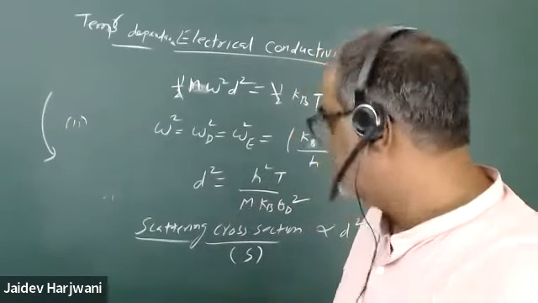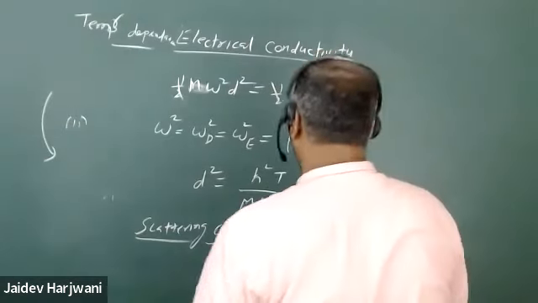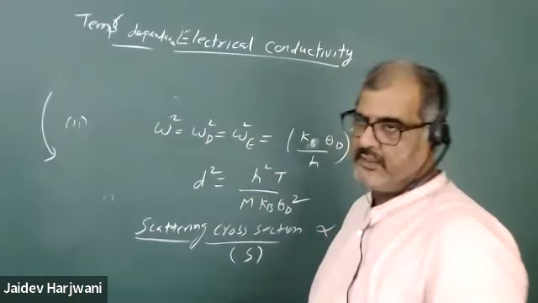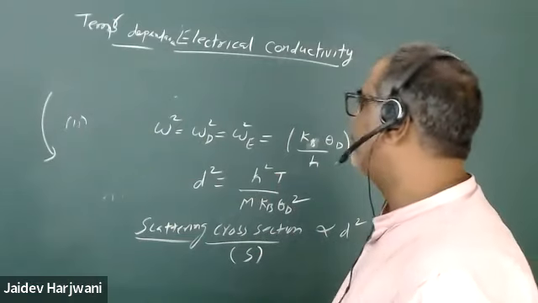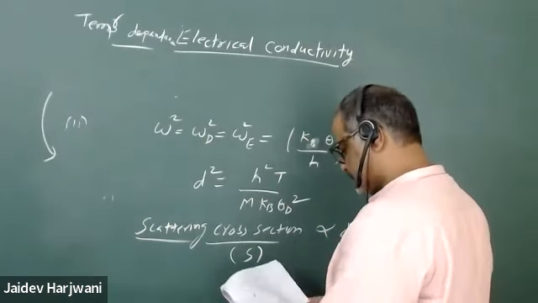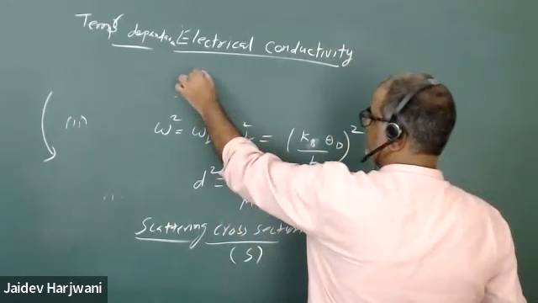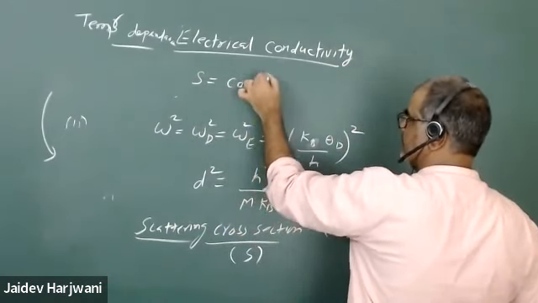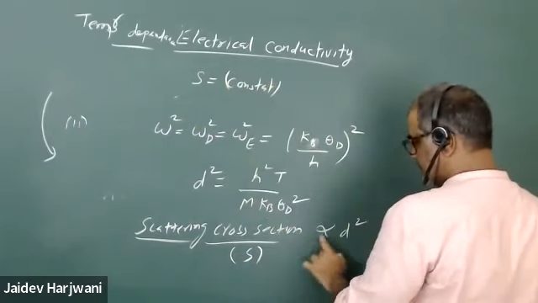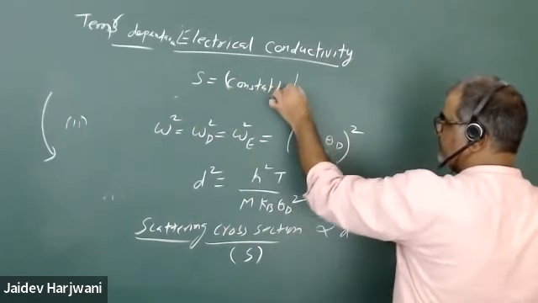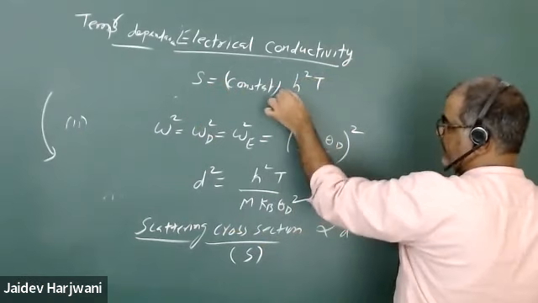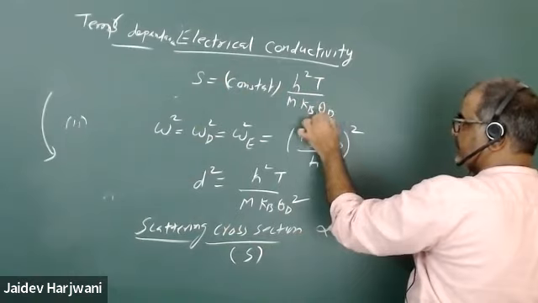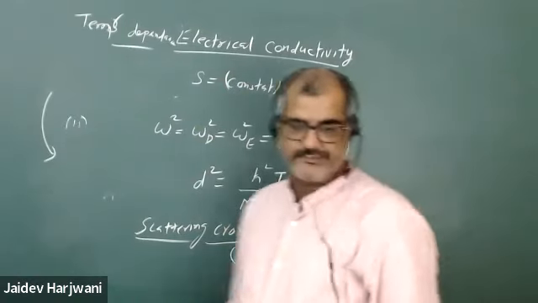Now let me write the mean free path. Let me first write the scattering cross section. The scattering cross section is a constant multiplied by h square T upon M kB theta D square.